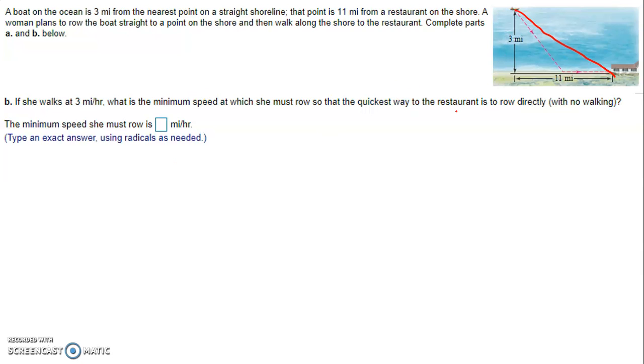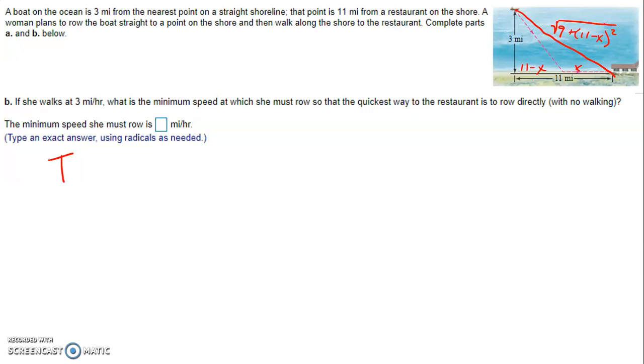So we kind of have two variables, and then we're going to get rid of one of them, and I'll talk about how in a second. So we're going to use everything the same as before. The distance that's walking is x. This distance over here is 11 minus x. And so then the distance that she's traveling is the square root of 9 plus 11 minus x squared.